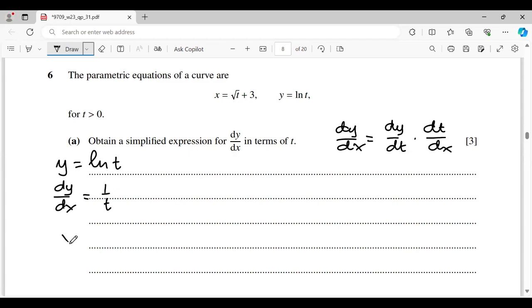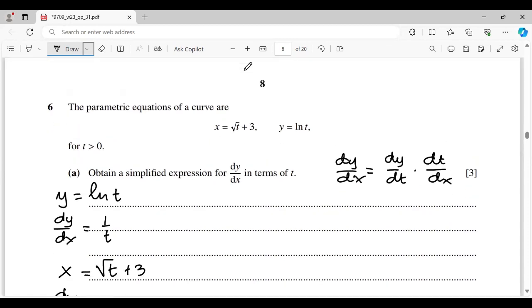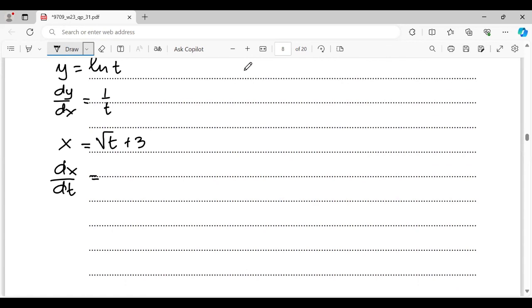And if x equals square root t plus 3, so dx dt equals half t to the power of half minus 1, which is half t to the power of minus half, or 1 over 2 square root t.